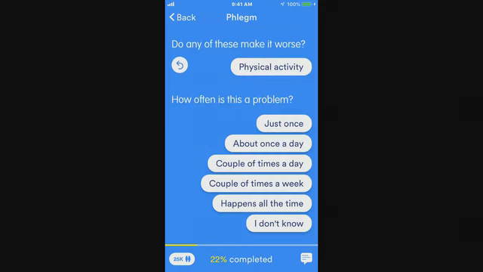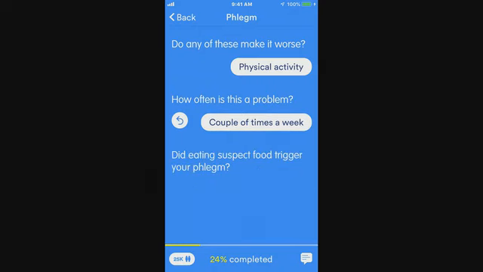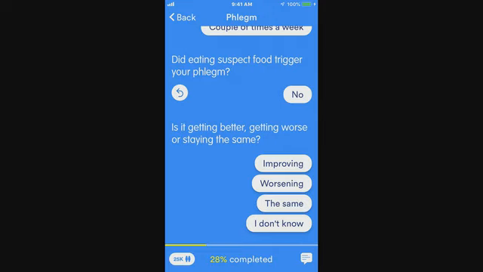How often is this a problem? I don't know, a couple times a week maybe. Did eating suspect food trigger your phlegm? No. I don't know what a suspect food is. Yeah, this is going to kill most of my time. Is it improving? Sure, it's improving.